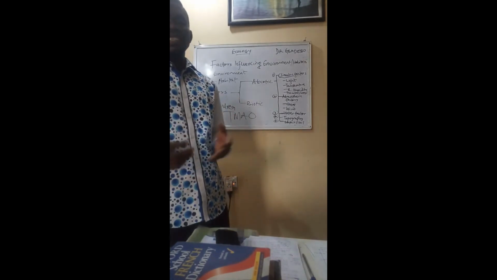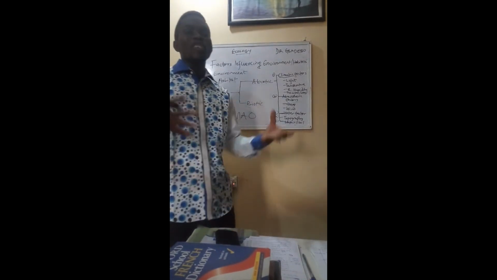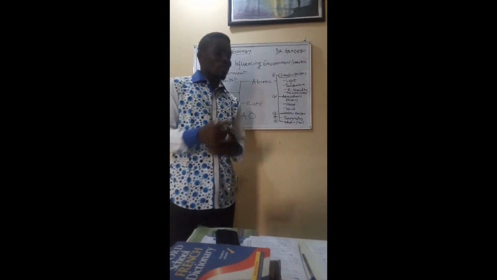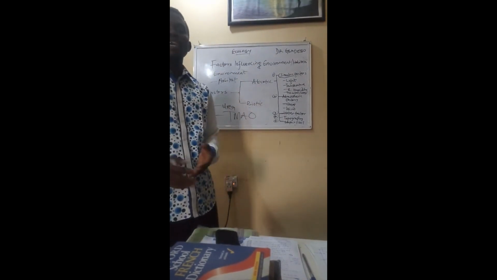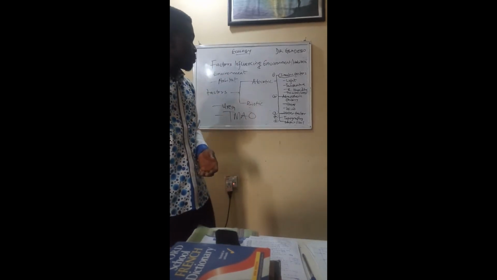However, in the dry season, there will be more evaporation, and more evaporation of water will concentrate the salt content of the soil. So this is the way in which the terrestrial habitat regulates the salinity of the environment, and this invariably affects the organisms that live in the terrestrial environment.